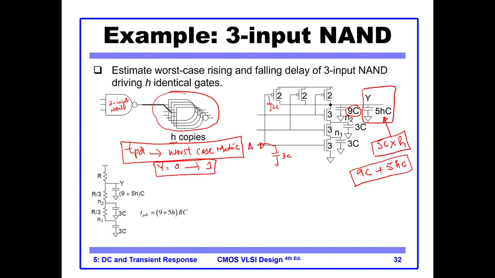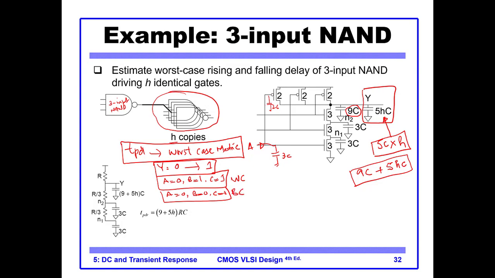The worst case is when, for example, one of the inputs, let's say A is 0, B is 1, and C is 1. This is the worst case. What is the best case? The best case is this one: A is 0, B is 0, C is 0.